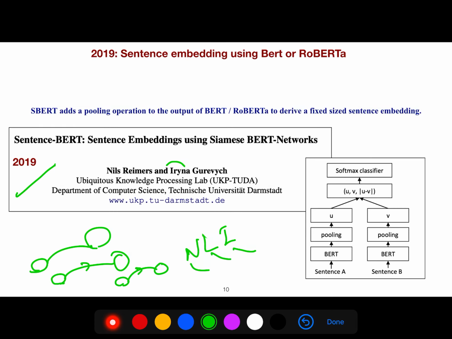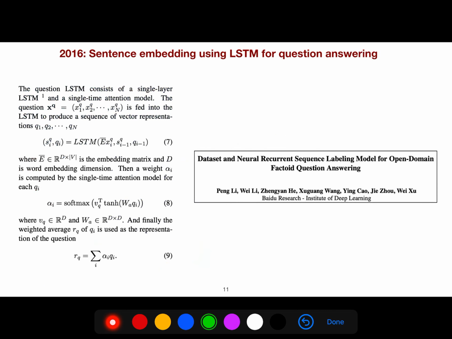And so we give it to BERT, and then a pooling mechanism such as just mean pooling, and then we have two vectors. Once we have two vectors, we can concatenate U, V, and the difference of them, and maybe the dot product, and then a softmax classifier.